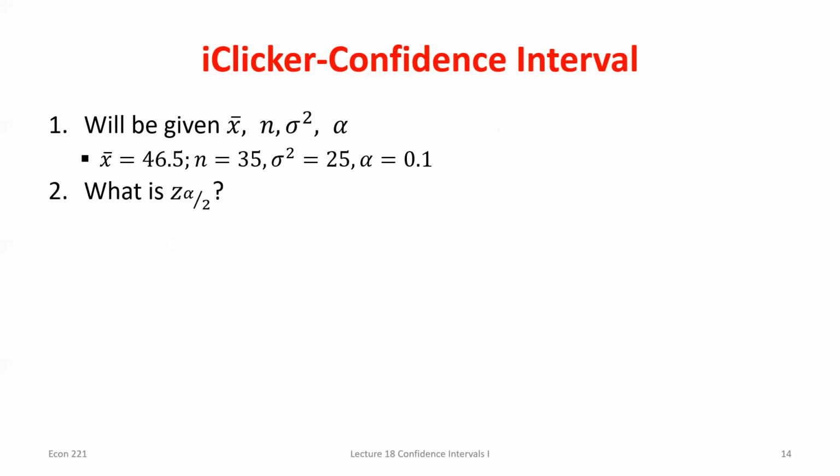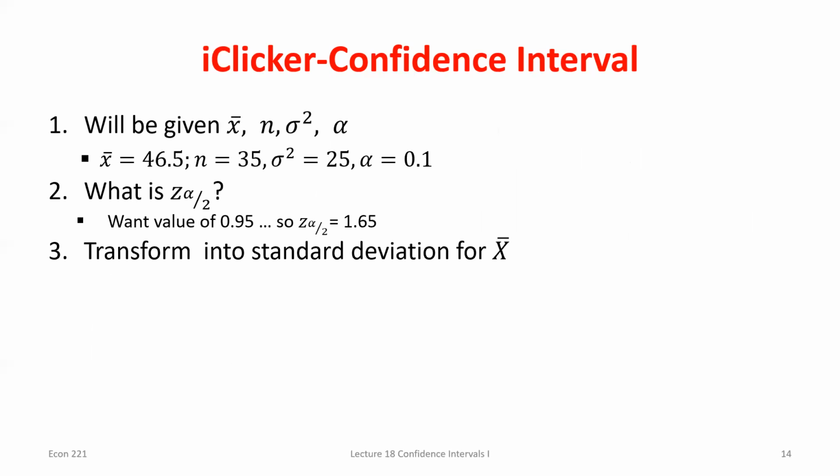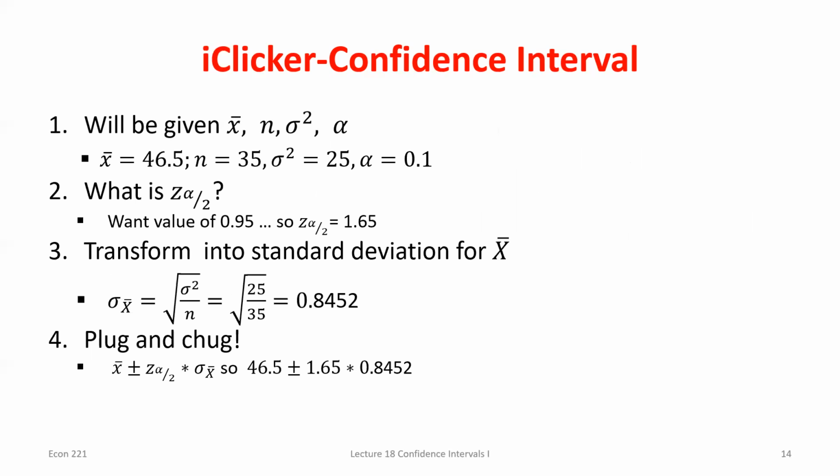The first thing I would do is look up that z-score. So alpha here is 0.1, so alpha over 2 would be 0.05. I look up 0.05 in the table, find the corresponding z-score, go over and up and find it's 1.65. From here, I calculate the intermediate step, find that standard deviation, plug all my values in to get my lower and upper bound. I'll add that margin of error to get my upper bound. I'll subtract the margin of error to get my lower bound.